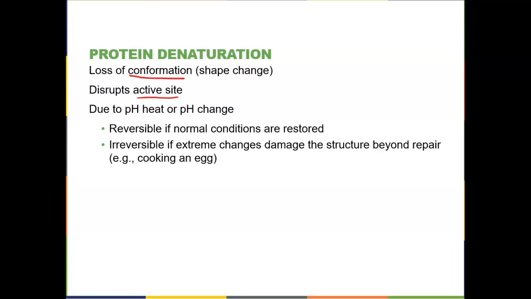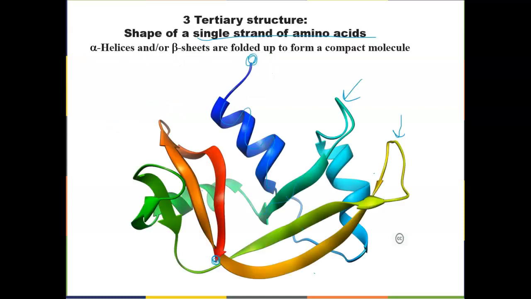If you expose a protein to heat that's not supposed to be there, it will lose its shape. And so what happens if you apply heat is that heat is molecules moving. And so you're making all of the parts of the protein start to vibrate and move around a little bit.